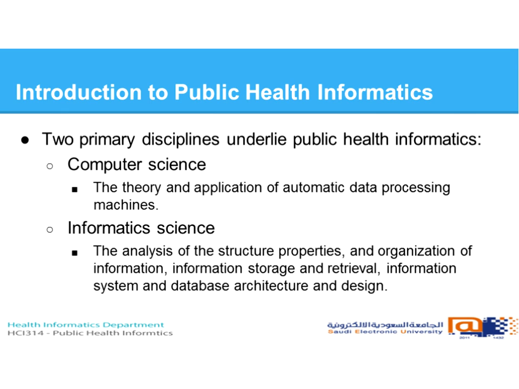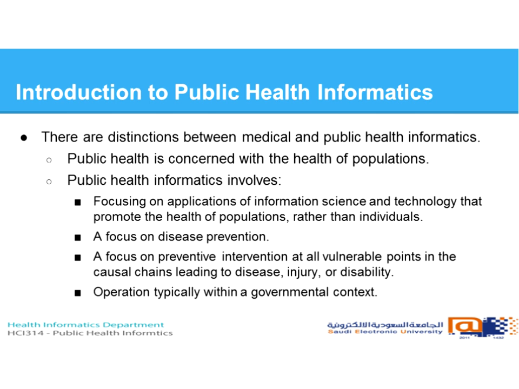Public health informatics has two primary disciplines. One is computer science, that is the theory and application of automatic data processing machines. The other is informatics science, that is the analysis of the structure, properties and organization of information, storage and retrieval, information systems, and database architecture and design. So the scope has two primary disciplines.